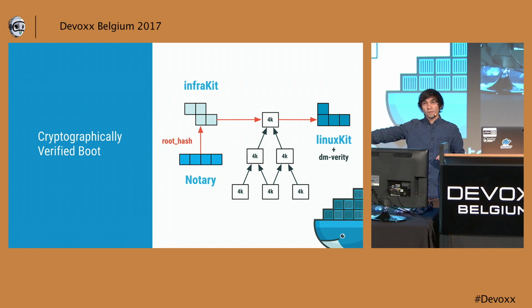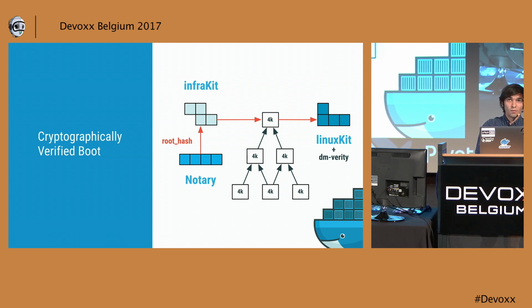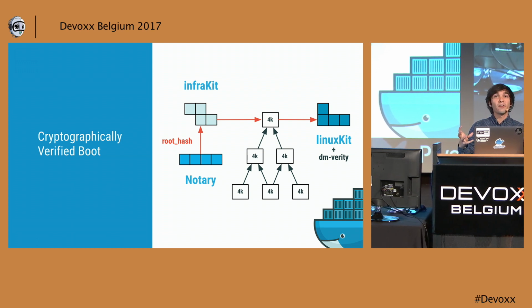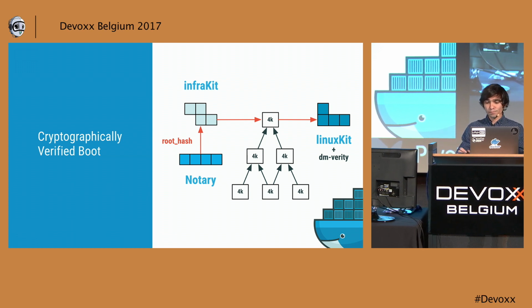Notary can securely give that information to Infrakit, which will do all the signature verification and check this is the right signature, and which can then use that hash to integrate with Verity on a LinuxKit-based OS. So this is a really exciting, forward-looking way of using multiple of these components together for cryptographically verified boot, which would be really awesome.